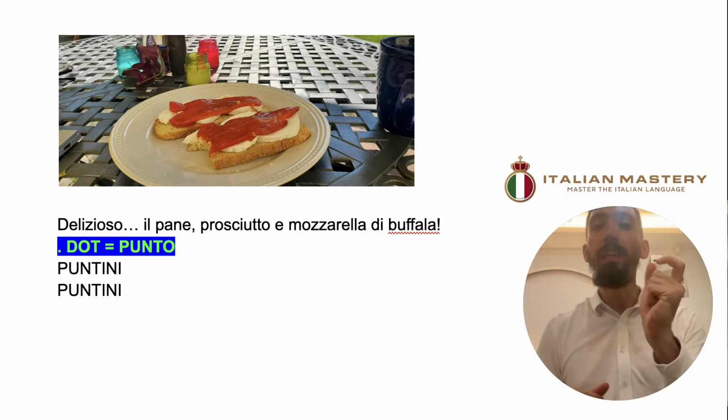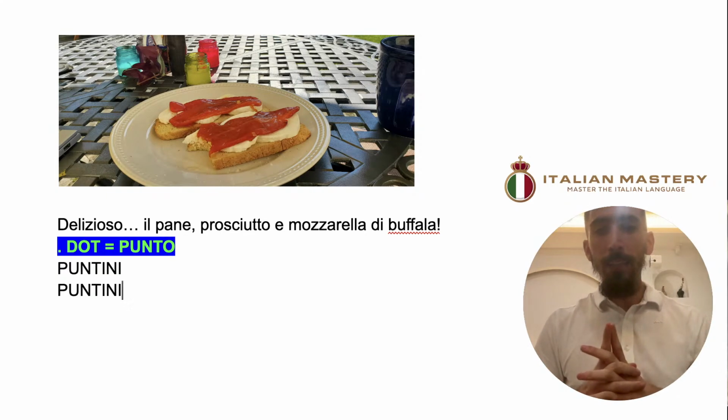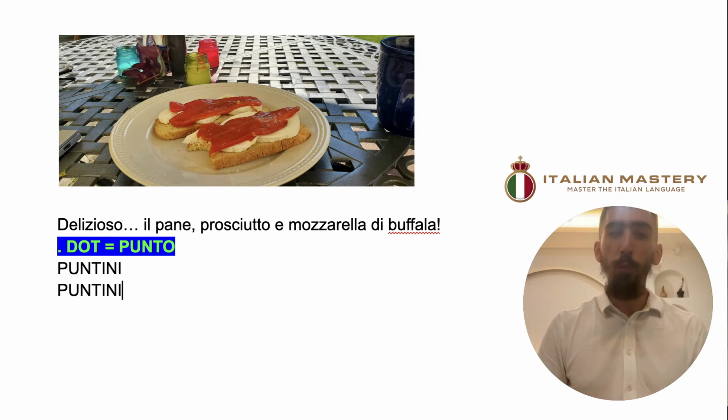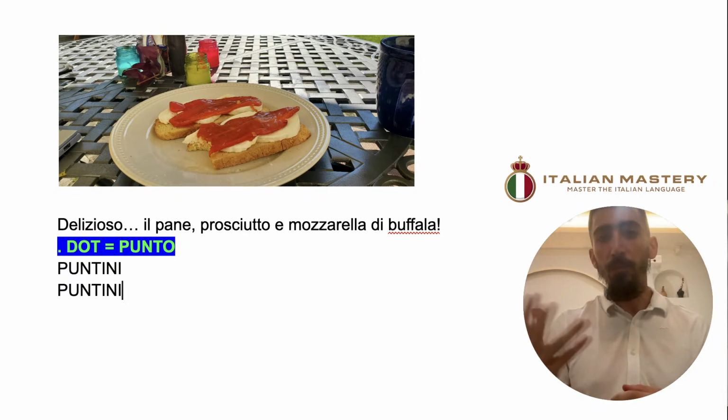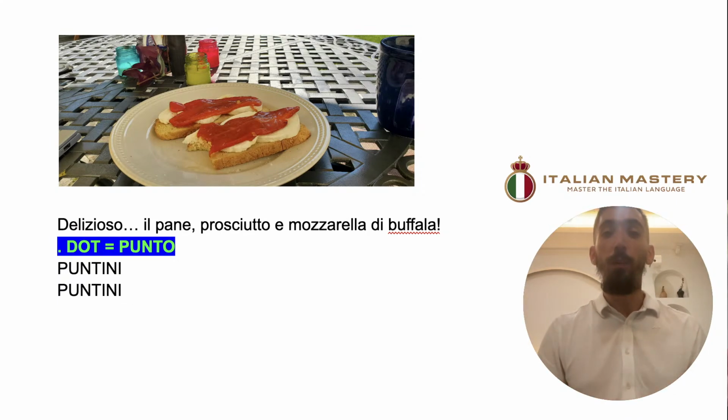We say puntino, un punto piccolo, a small point, and then we make it plural, puntini. Remember, there is no difference between the word point and the word dot. When we talk about writing and spelling, we use the word dot in English, but in Italian we stick with punto.